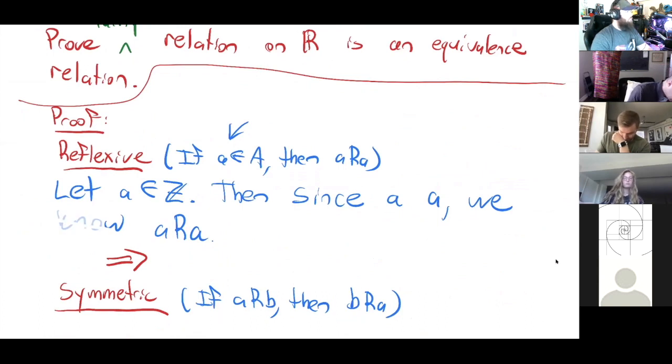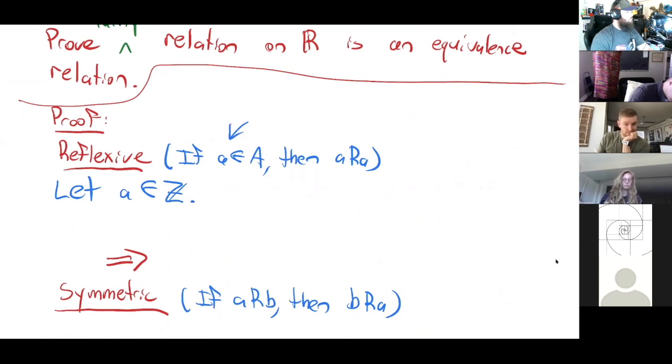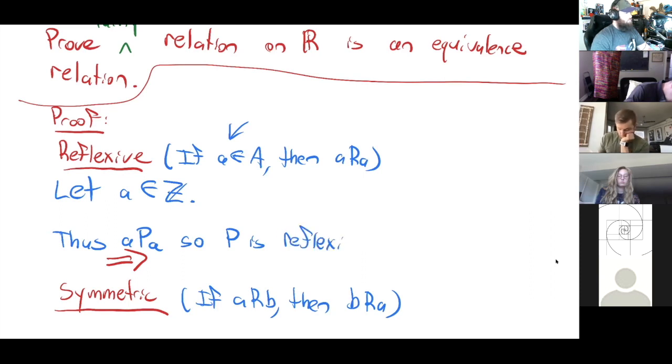The goal here is that we want to show that A is related to itself. I'm going to call this relation P here. That's what we would need to show in order to prove it is reflexive.